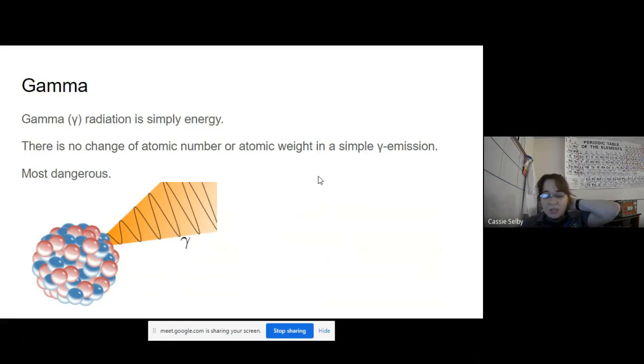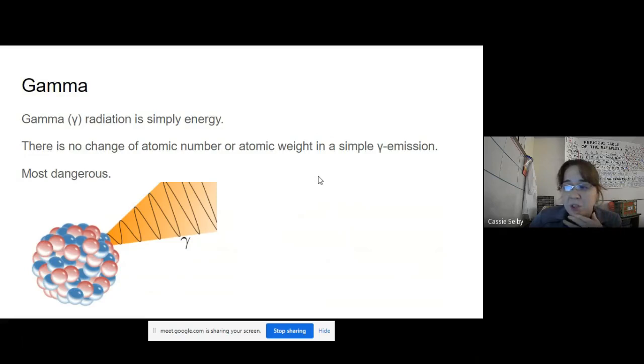This is so tiny that it actually moves between and through the parts of your atoms, and that's why it's so harmful. This is the stuff that can be deadly. So this is the terrible type of radiation, and this is what you don't really want to be in the presence of.